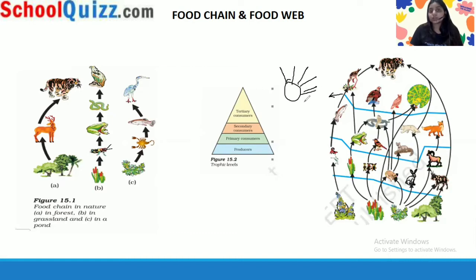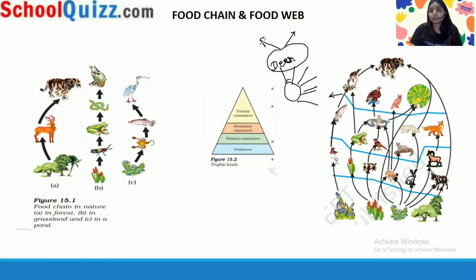Okay, so this food will be eaten by like four or five organisms, and the chain, or the series, or the network you can say, will be different for the other organisms. Means if it is eaten by this deer, then this deer will be eaten by the lion or the tiger.